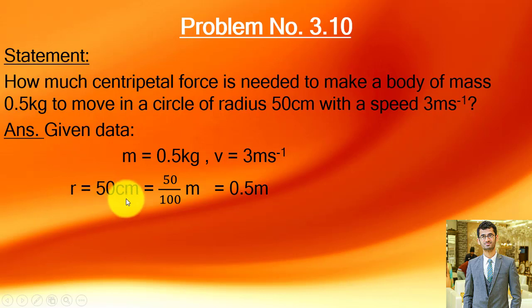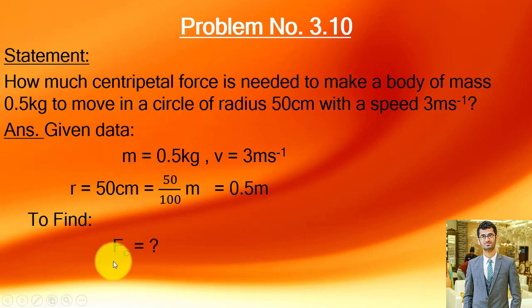We know that centimeter is not the standard unit of length, so we need to convert it into the standard unit, that is meter. For that purpose, we divide 50 by 100, gives us the value of radius as 0.5 meter.